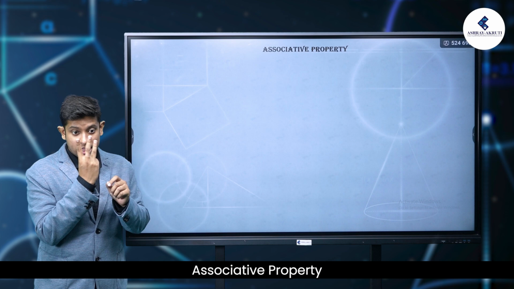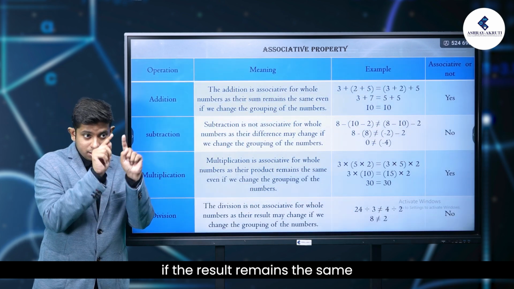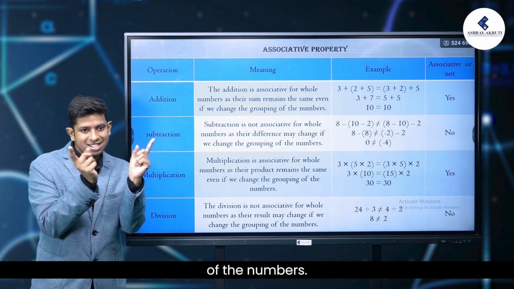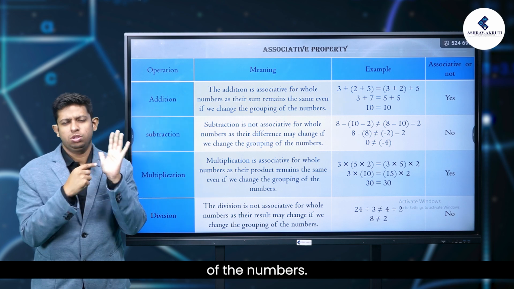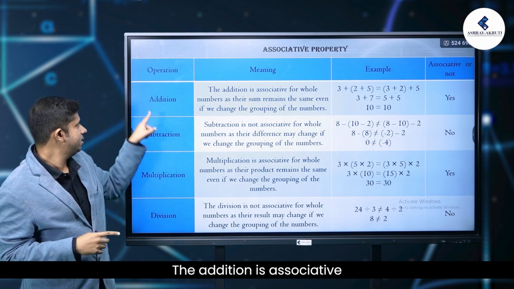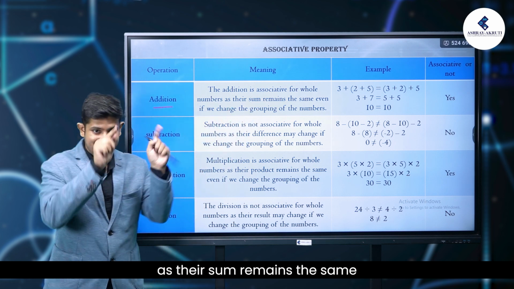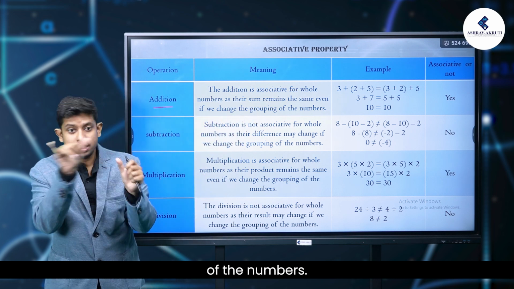Associative property. Whole numbers are said to be associative if the result remains the same even if we change the grouping of the numbers. Addition. The addition is associative for whole numbers as their sum remains the same even if we change the grouping of the numbers.